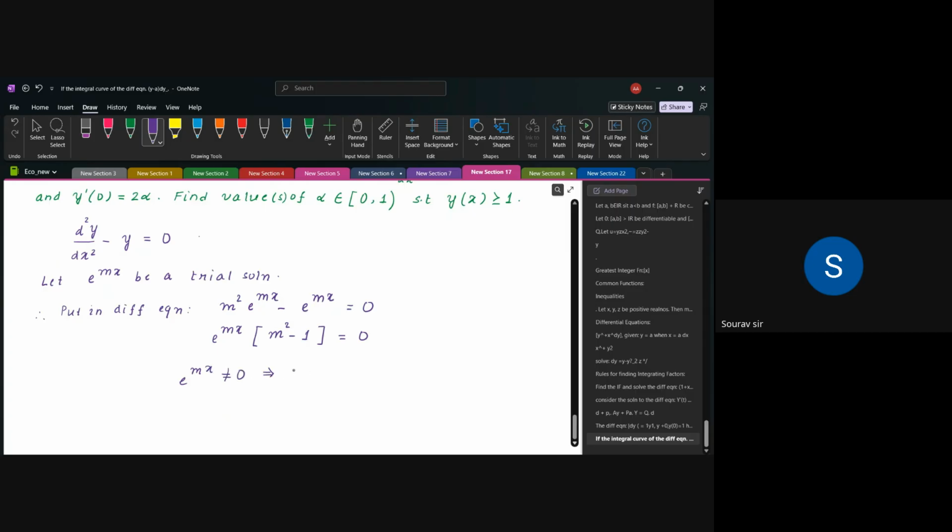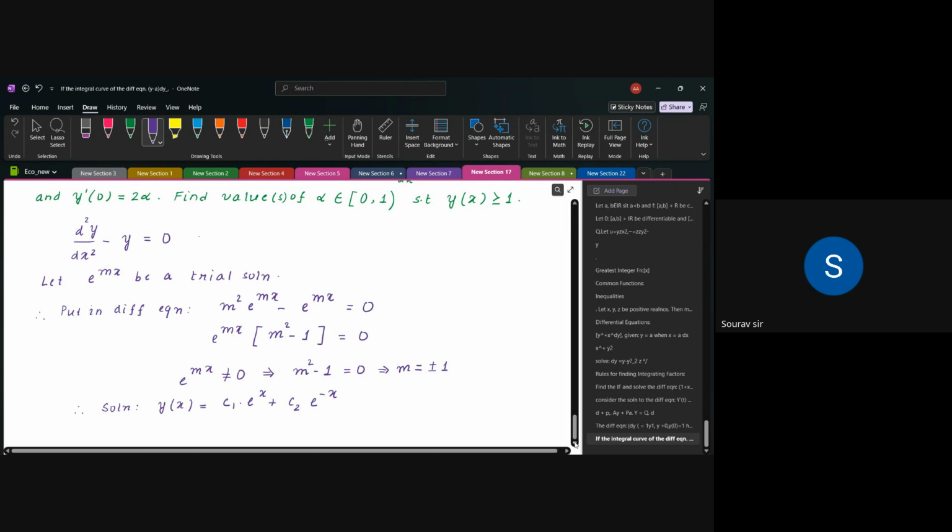So that means m square minus 1 is equal to 0. So what is m from here? Plus minus 1, right? So that means it's real and distinct case. So your solution y of x is c1 times e to the power x plus c2 times e to the power minus x, right?